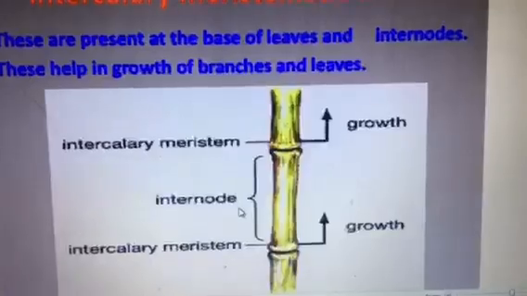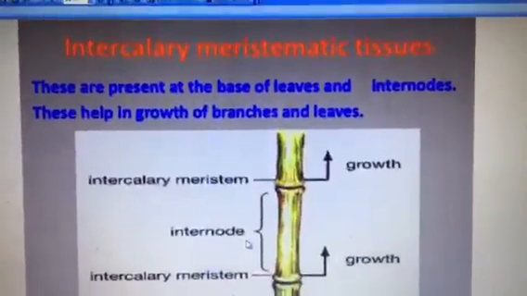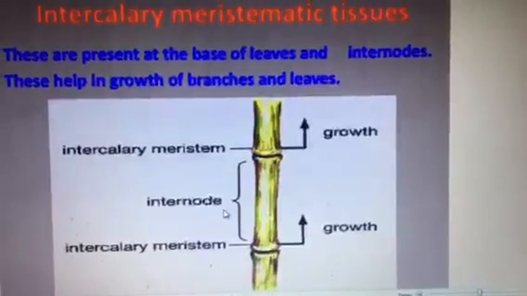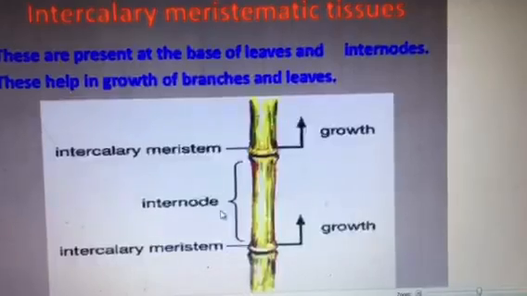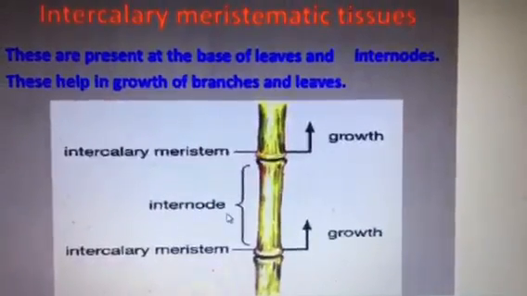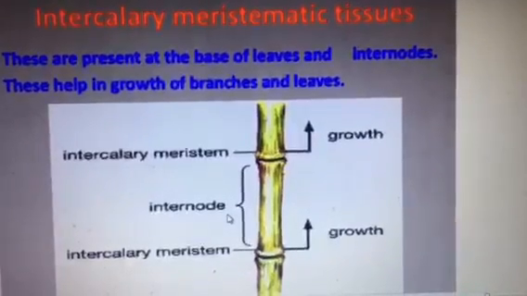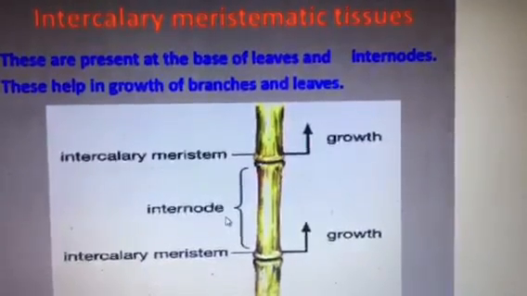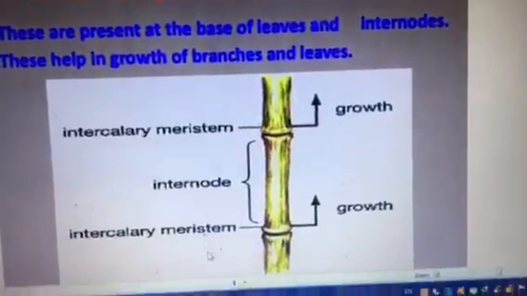You must have seen in bamboo, the nodes allow rapid stem elongation through elongation of internodes. Students, I want to tell you that bamboo is not a tree, actually it is a kind of grass.